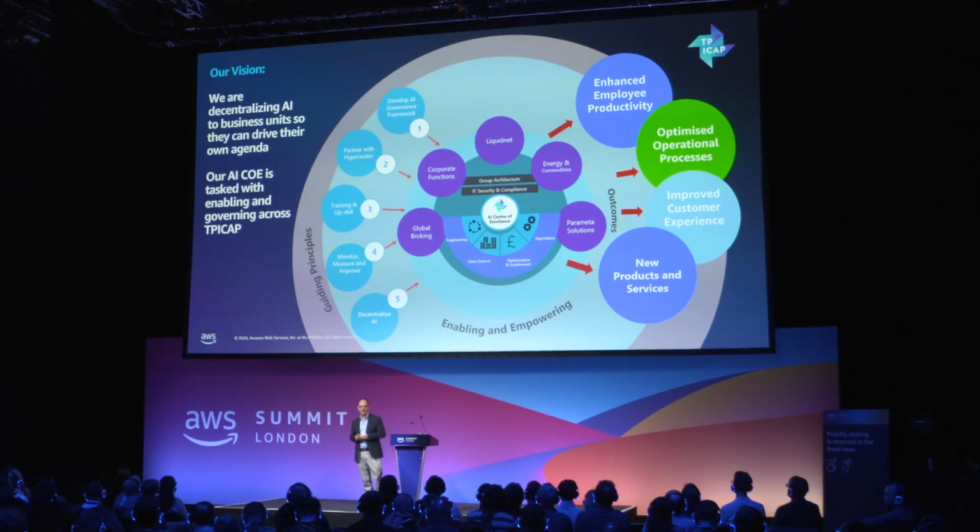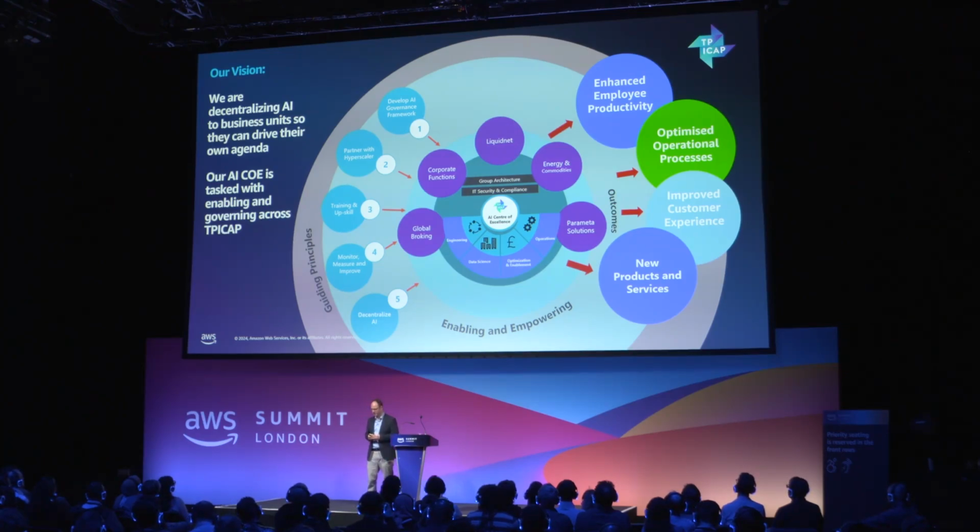And fifth, and perhaps most important, is that we certainly see AI as a decentralized capability. So we're working with our different business groups and function areas to help them to drive their own agendas. And around all of that, we've created an AI Center of Excellence, which is there to help people be successful, work on some of these early prototypes, and ultimately act as the guardrails to make sure that we can keep the firm safe.